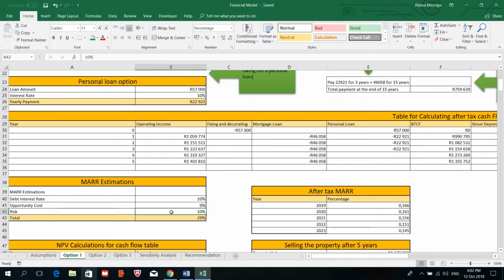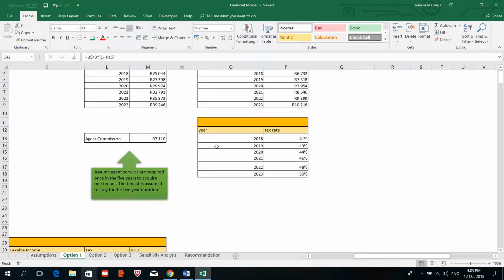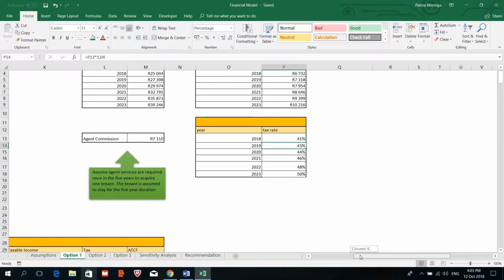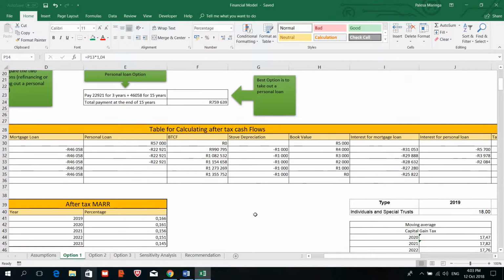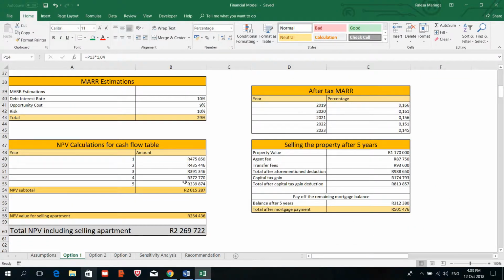You could have a scenario where no one rents out your apartment. Then the after-tax MARR was calculated accordingly. Also, the tax rate was assumed to be 41%. This information was taken from the SARS fact sheet, and it increases with 4% every year as given in the brief. From there, the NPV for the cash flow was calculated.